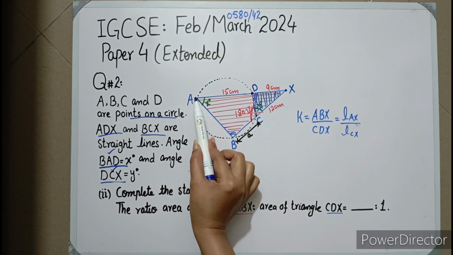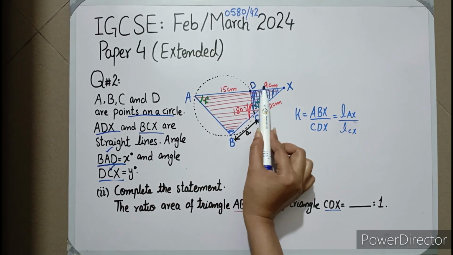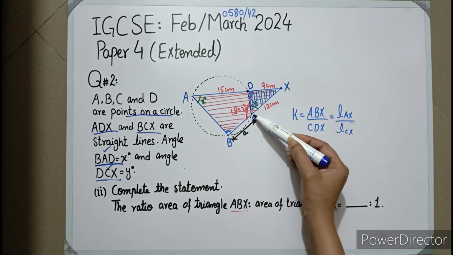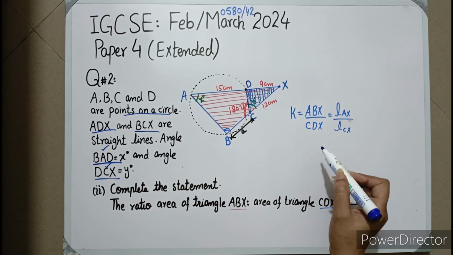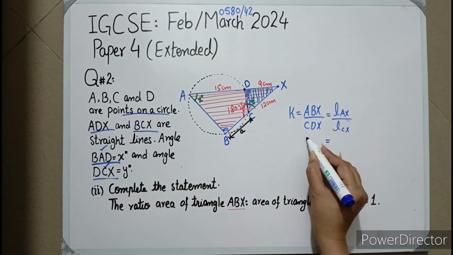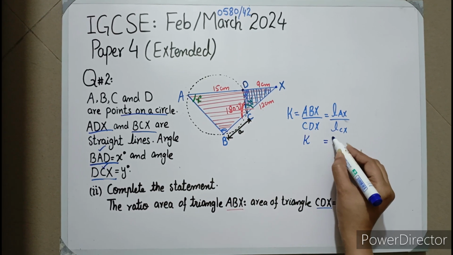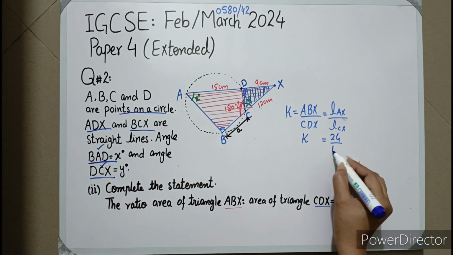I have taken the length of A to X, that is basically the sum of 15 and 9. On the denominator, I have taken the length CX, which is already given in the figure, that is 12. So here you only have to substitute the values. 15 plus 9 will be 24, whereas CX is mentioned in the figure, that is 12.